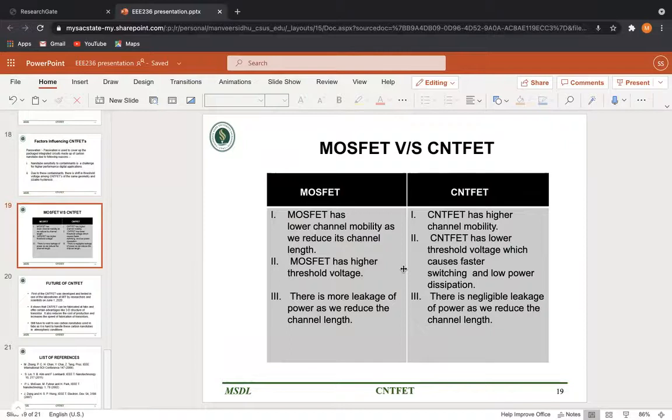MOSFET has higher threshold voltage, while CNTFET offers a lower threshold voltage which causes faster switching and lower power dissipation. There is more leakage of power as we reduce the channel length in the MOSFET, while in CNTFET there is negligible leakage of power as we reduce the channel length.